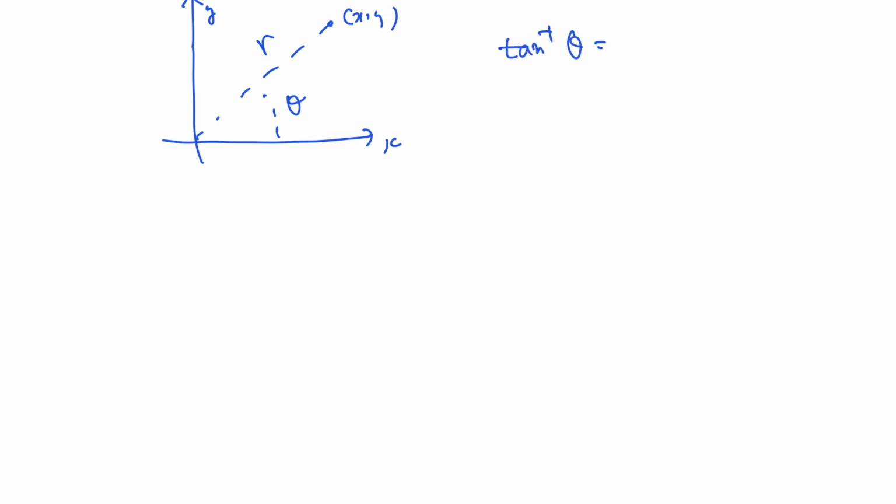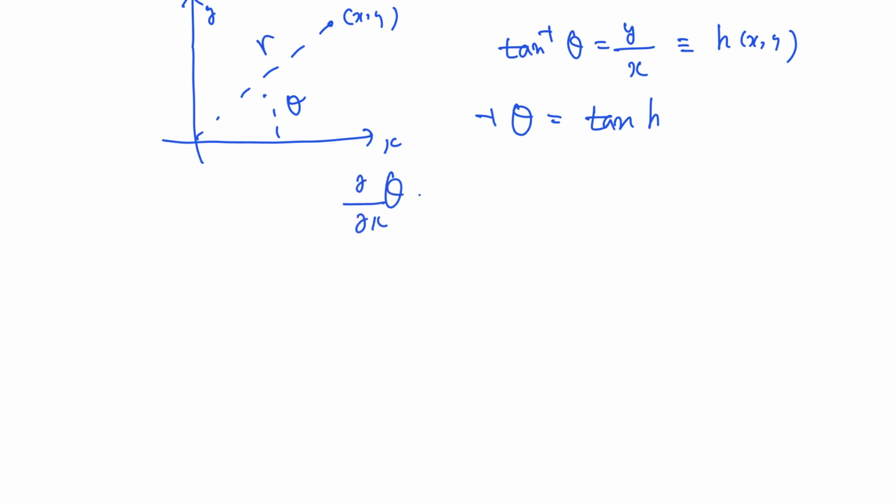Theta is tangent inverse of y over x. So let's say it's h(x,y). Then theta is tangent inverse h, right? So partial theta over partial x is same as before.